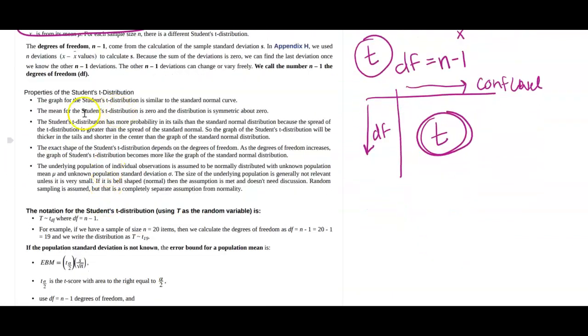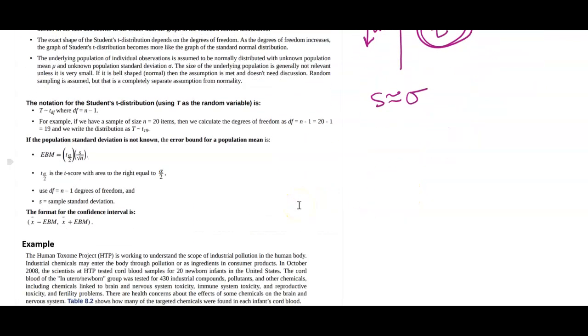Here is some more information on that t distribution if you would like to go through and read that. Essentially, it just adjusts for the additional variation that happens when you use s to approximate sigma. That's what you need to know here.